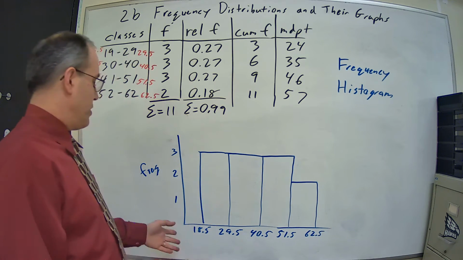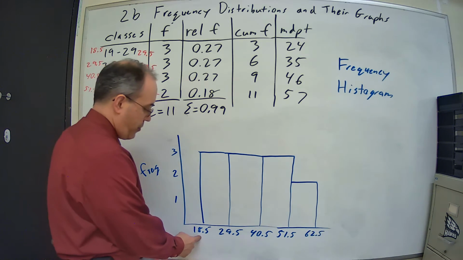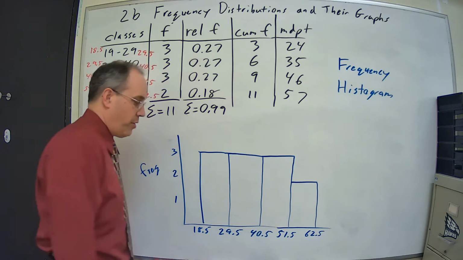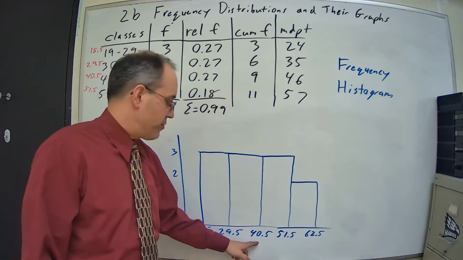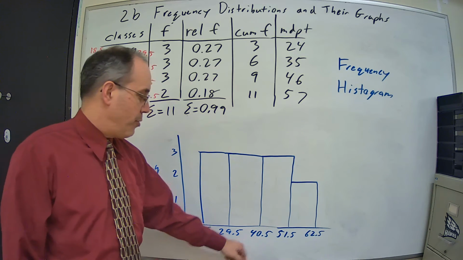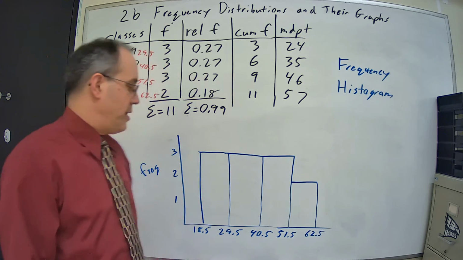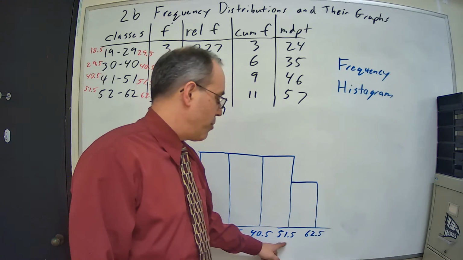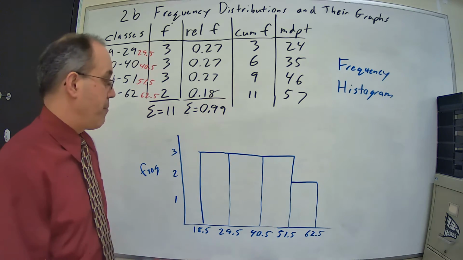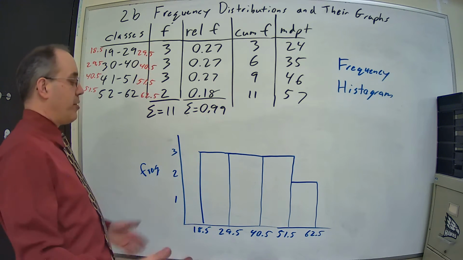Okay, so you can see that the first class comes from 18.5 to 29.5. The second class goes from 29.5 to 40.5, third class from 40.5 to 51.5, and then the last class from 51.5 to 62.5. So that is a frequency histogram.